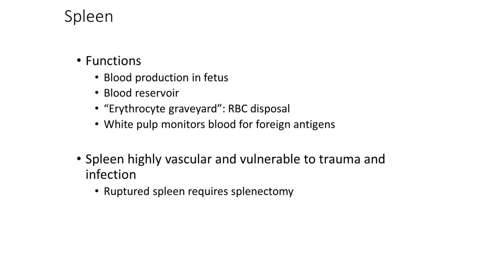And it also is where the white pulp is monitored in the blood for foreign antigens. Your spleen is highly vascular and vulnerable to trauma and infection. And if you have a ruptured spleen, you may need a splenectomy, which means taking it out or part of it out.